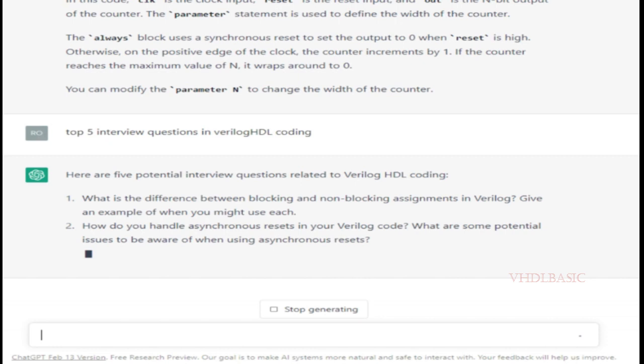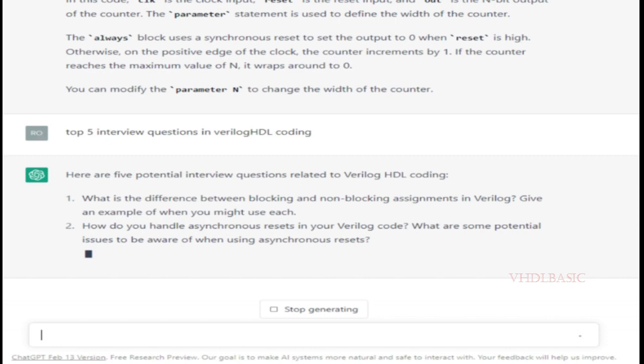When using asynchronous reset, it is important to be aware of potential issues such as metastability and race conditions. Metastability can occur when the reset signal is not properly synchronized with the clock signal, and it can result in unpredictable behavior or incorrect state transitions. A race condition can occur when the reset signal is released too early, and it can result in incorrect state transitions or glitches in the output signal.